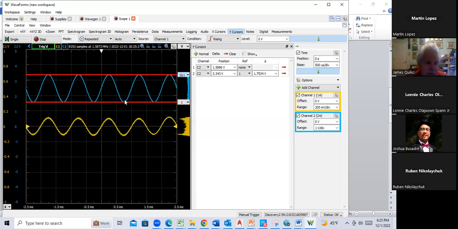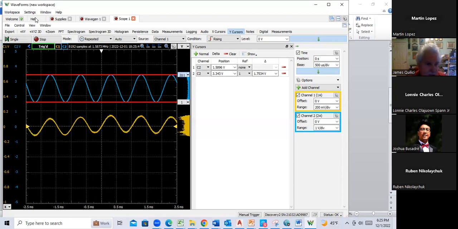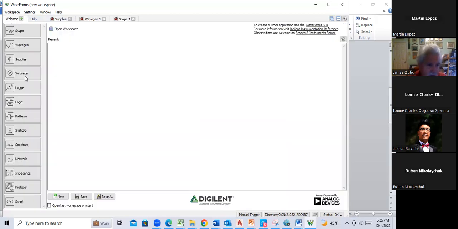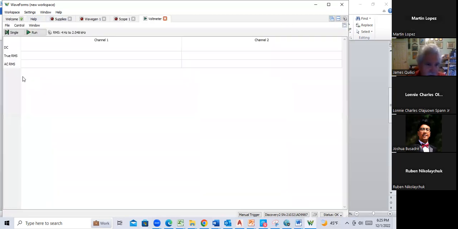To do that, actually, let's just do that. Let me think. Scope. I do this. Voltmeter. Run. So this tells me that my collector's on channel 2. It's at 2.4 volts.